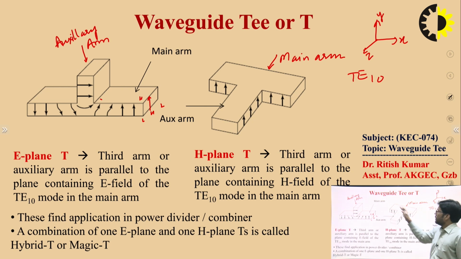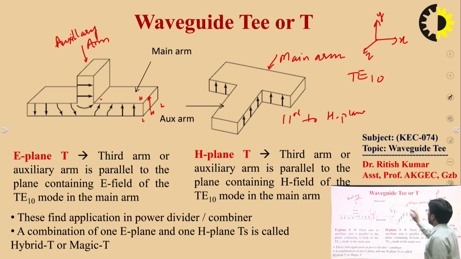If this tee lies parallel to the H plane, then we can say this is a kind of H plane tee.